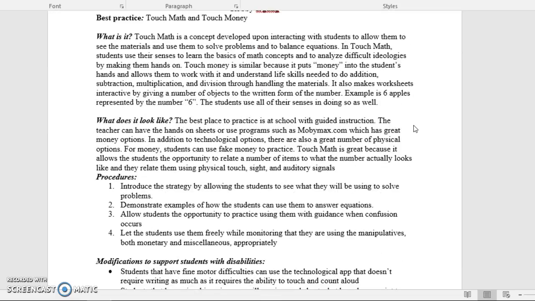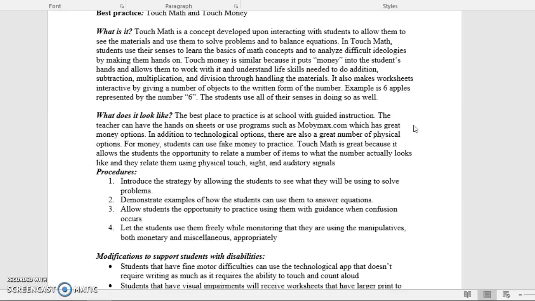I'll scroll up here. The best place to practice this, I think, is at school with the teacher's instruction. There are websites that I'm going to show you. There's touchmath.com. It's a great resource, but I also use MobyMax for Touch Money. MobyMax is a website that I've seen used at Model, and it's incredible how it gets used.